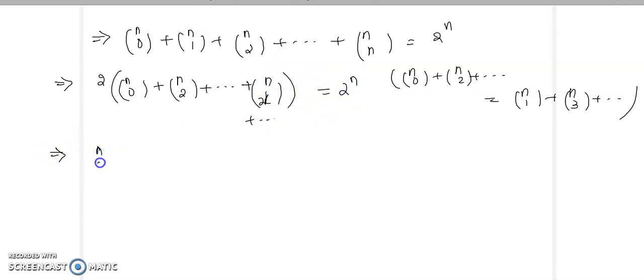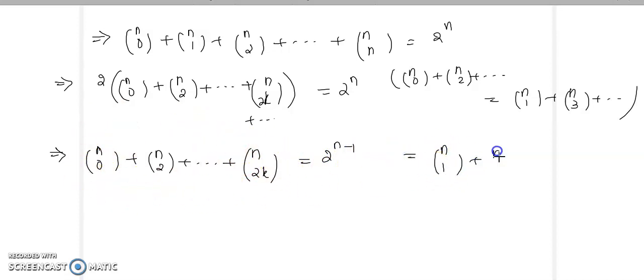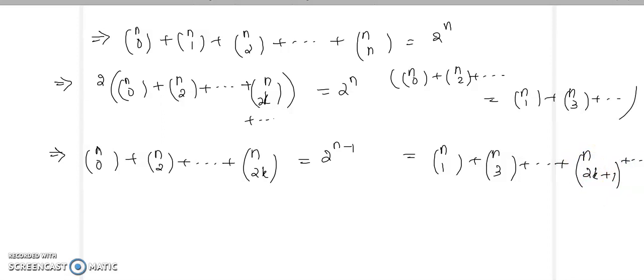So that implies nC0 plus nC2 plus etc. nC2k will be equal to 2 raised to n minus 1, which is also equal to nC1 plus nC3 plus etc. nC2k plus 1. So that gives the required result. So these are the two identities.